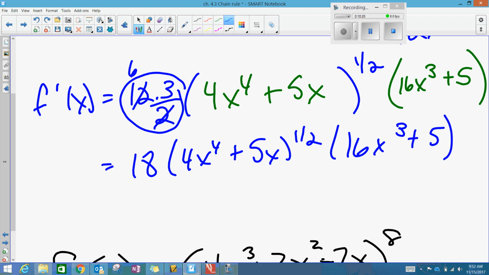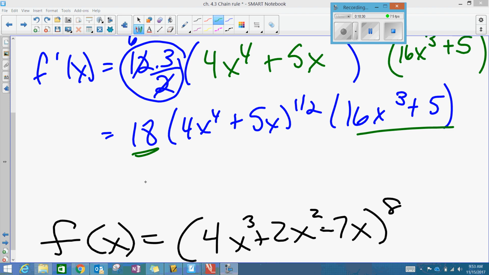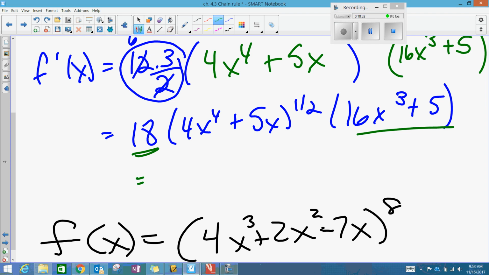And now, though, I can distribute the 18 into the 16x to the 3rd plus 5. And 18 times 16, pretty sure is 288, if I just cheated the right way. So that's 288x to the 3rd plus 18 times 5 is 90.